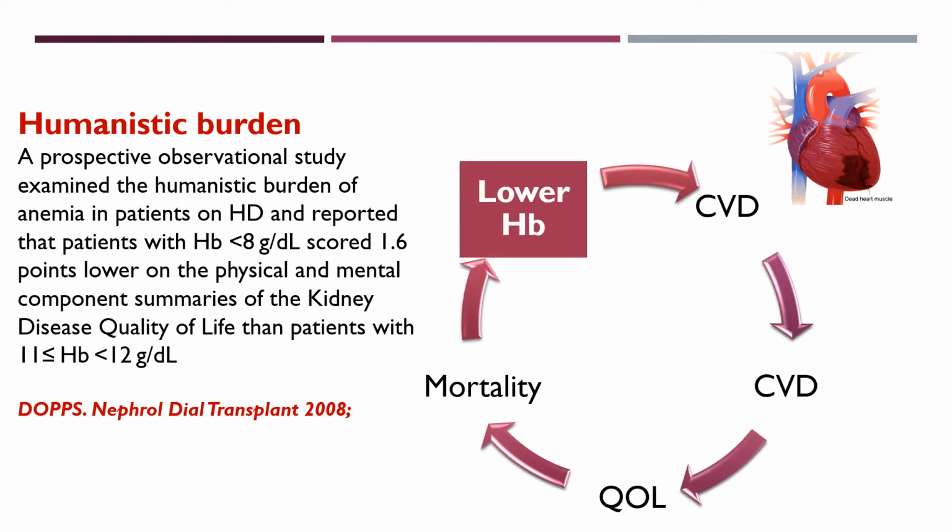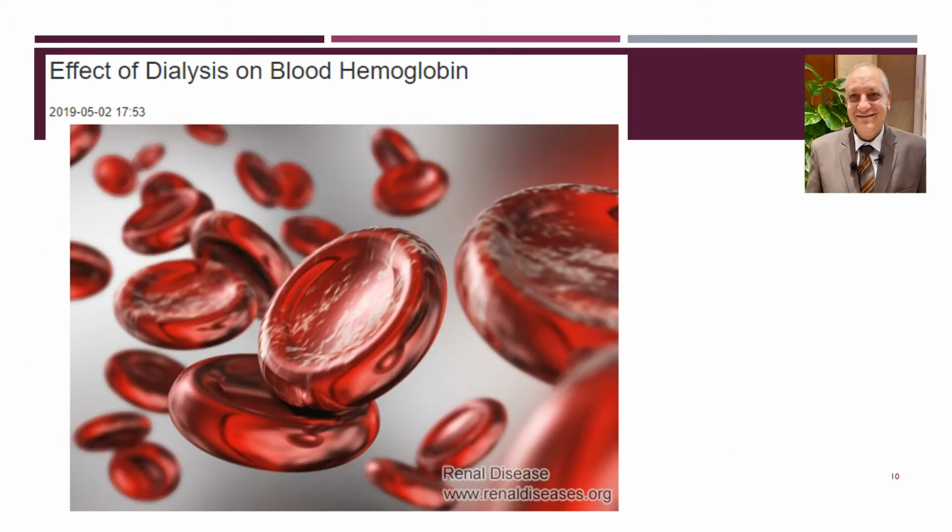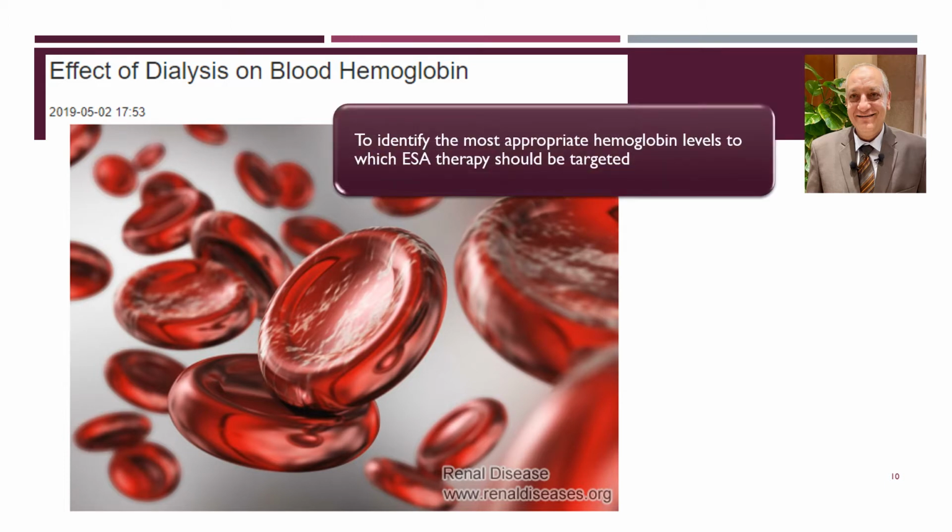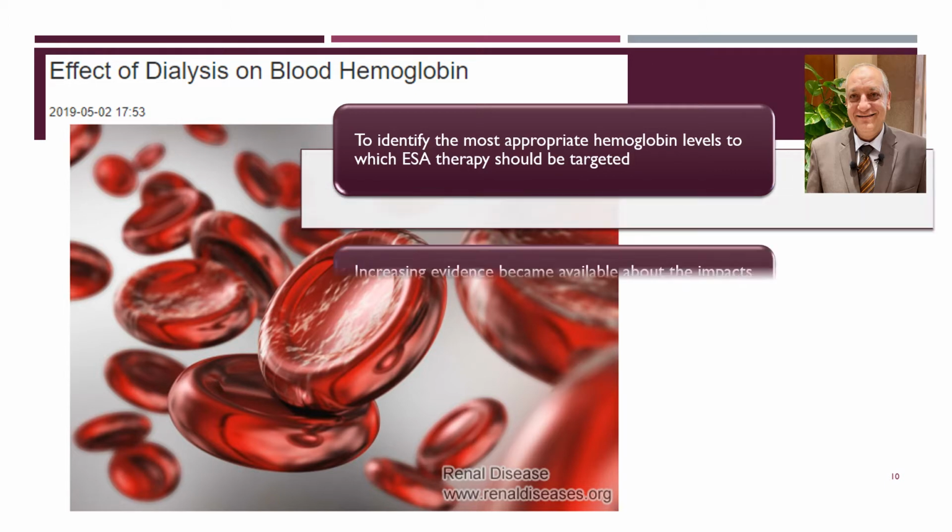We all know that lower hemoglobin predisposes to cardiovascular, cerebrovascular diseases, quality of life, morbidity, and mortality as well. So the effect of dialysis on blood hemoglobin is well known, and we have to identify the most appropriate hemoglobin level with maximum treatment with ESA therapy.